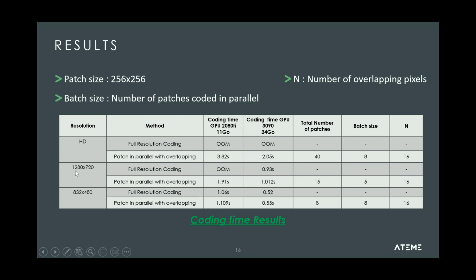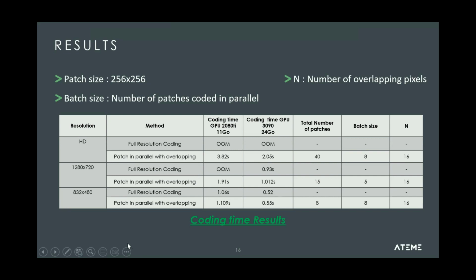For example, for the second resolution, we can see that it is possible to do the full image coding on the second GPU with 24 gigabytes. And in this case, we can see that the coding time of our method is slightly higher than the coding time of the full resolution coding, which is normal, because in our method we code overlapping pixels, which are additional pixels, and that means we take more time to code them.